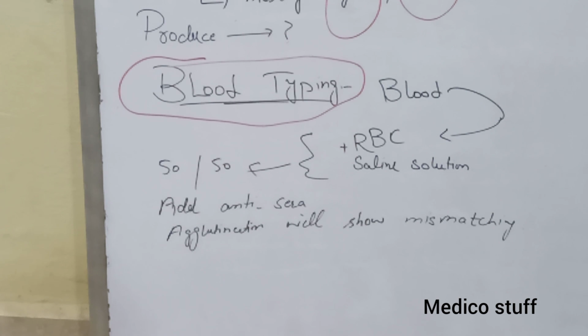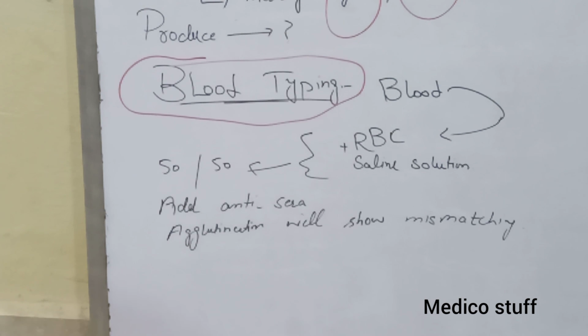In one part we will add antisera A, in the other part we will add antisera B. In which agglutination occurs means that is the blood group, and in which agglutination does not occur, that is not the blood group. Agglutination will show matching. So this is called blood typing. Next we will study delayed agglutination, delayed reaction, etc. in our next video. Thank you.